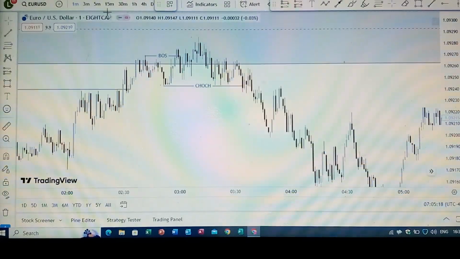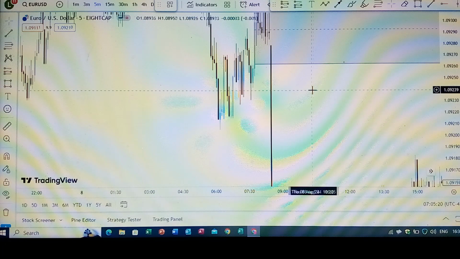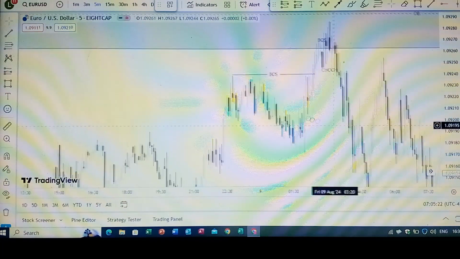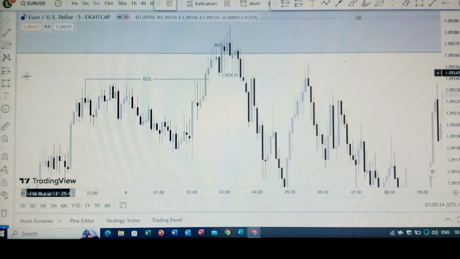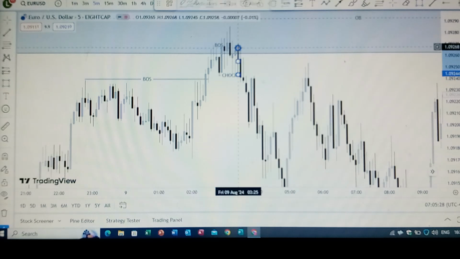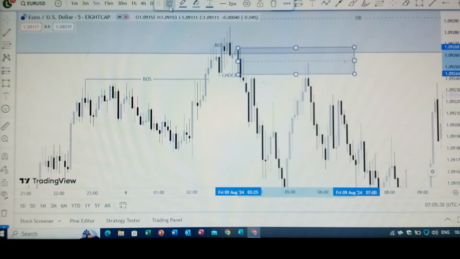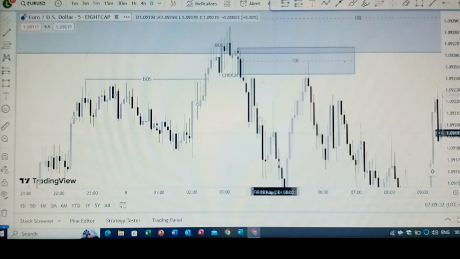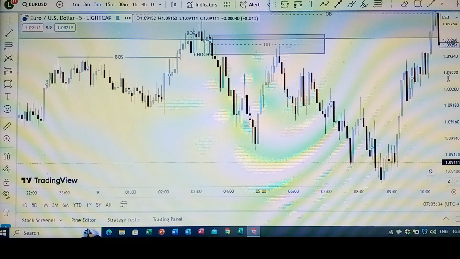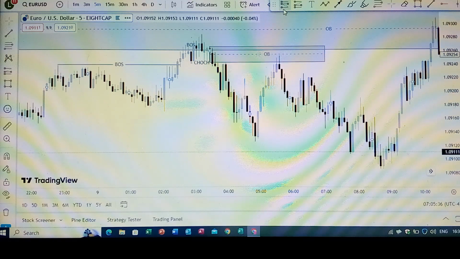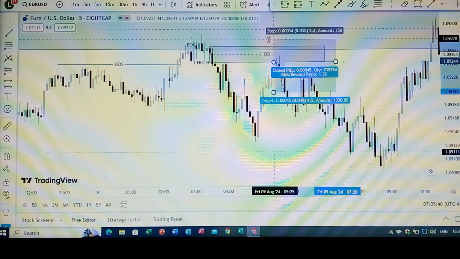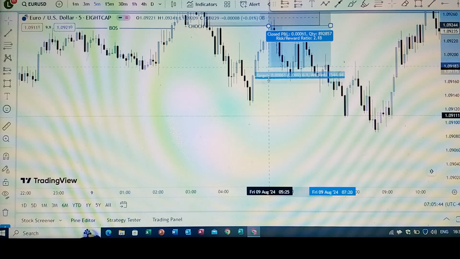We broke structure here, and we changed character on the 1-minute time frame after tapping into a 15-minute POI. So we changed character, and I took the entry on the 5-minute time frame, at the level that caused the change of character. As I've said, firstly, you target a 1 to 5 just to pay yourself for your competence. Stops go just below the highs, and you target a 1 to 5.